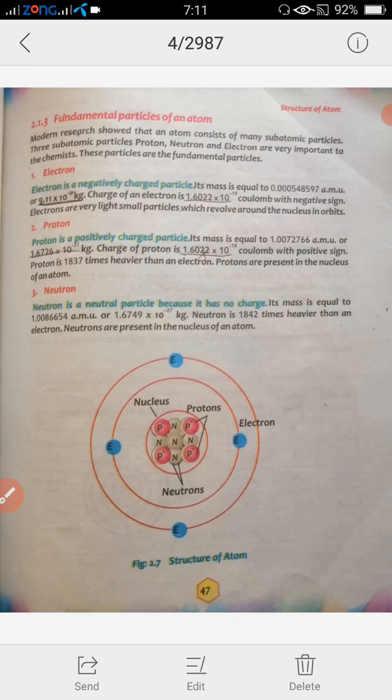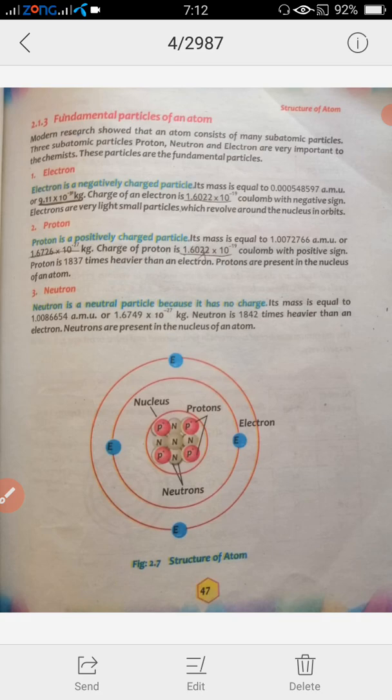So students, we noted that the charge of electron and the charge of proton is equal in terms of coulombs. The proton is heavier than the electron by 1837 times, and the proton is present in the nucleus.